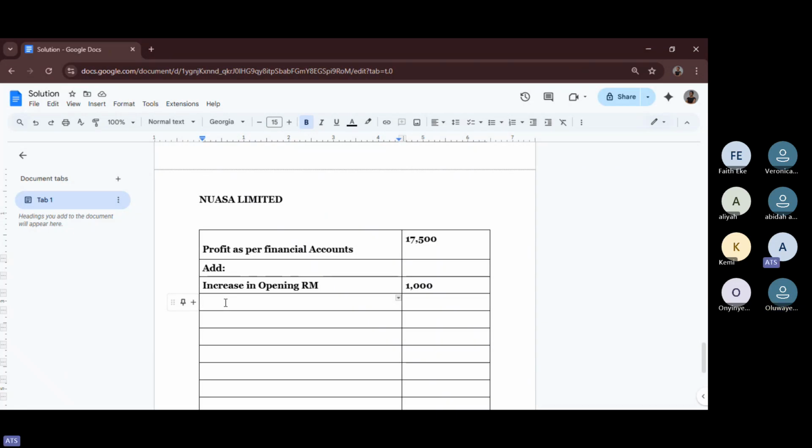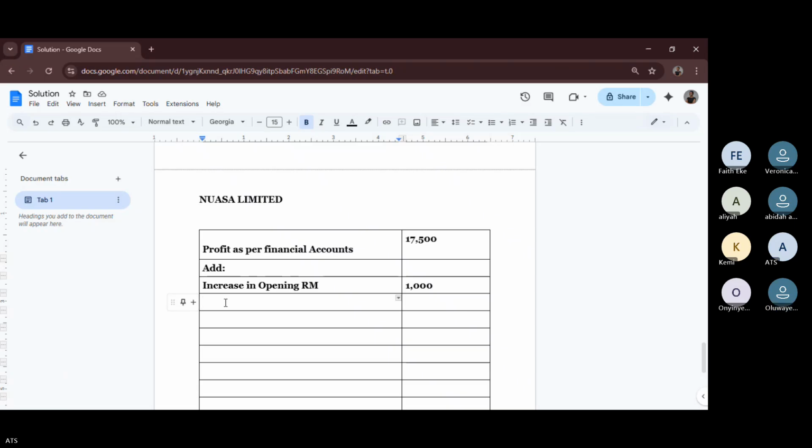Okay, we said from the format, you add increase in opening inventory, right? So looking at raw materials, there is an increase in opening inventory because financial accounts had 34,000, while cost accounts had 33,000. So the difference is 1,000. That's the increase. Are you with me?